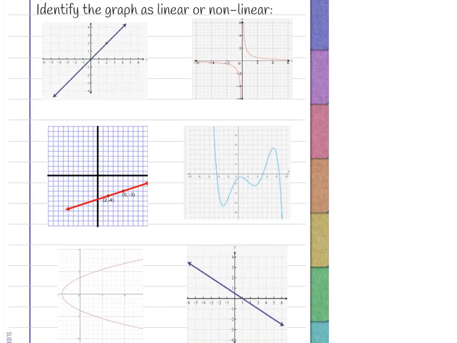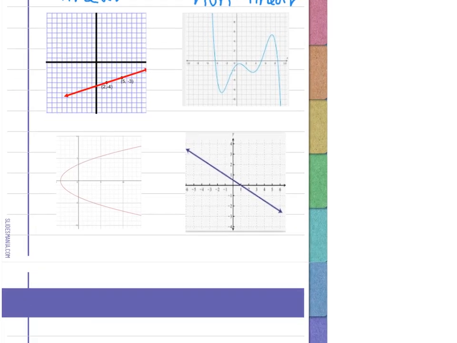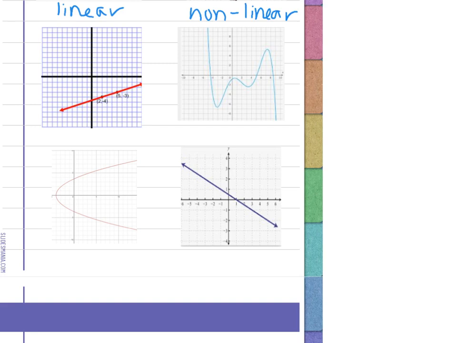Now we're going to see how it looks whenever it's on a graph. We said linear is clearly going to be a straight line, right? This one is going to be linear. This one right next to it is not linear because it's not a straight line, so nonlinear. And then we have the bottom one, also a straight line but the opposite direction, right? That doesn't matter, it's still linear.